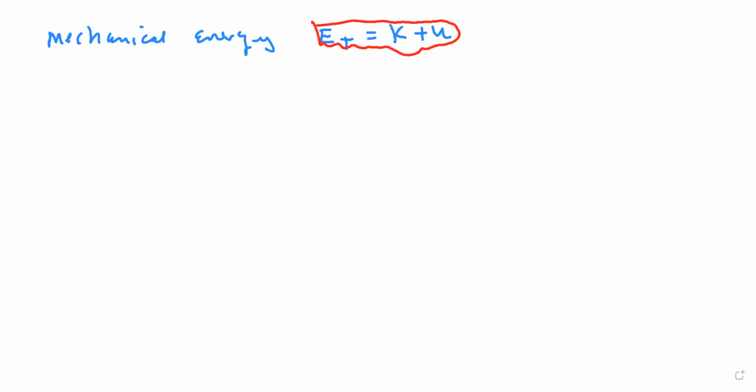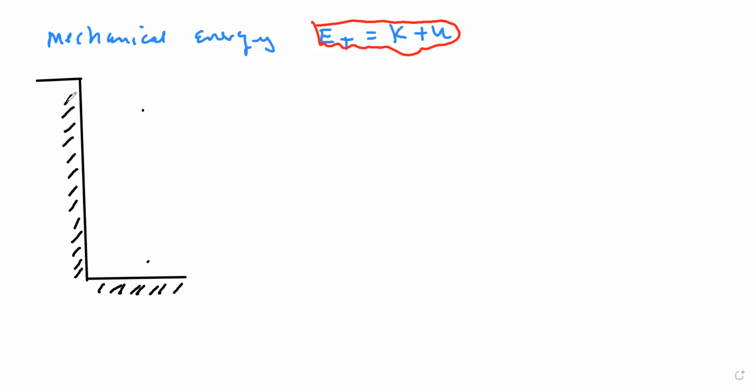So let's say that we have here a little building, and here is our little building right here. And this would be the floor over here. This would be the height of your building.